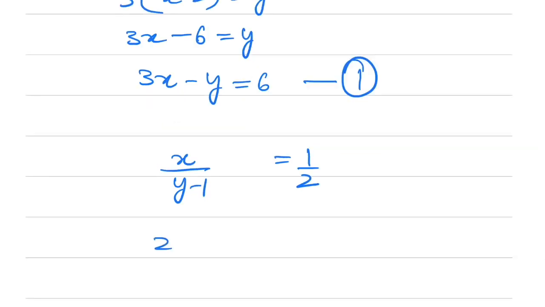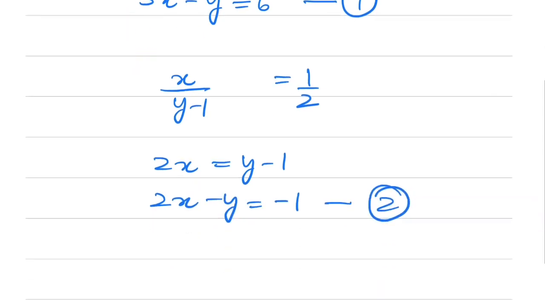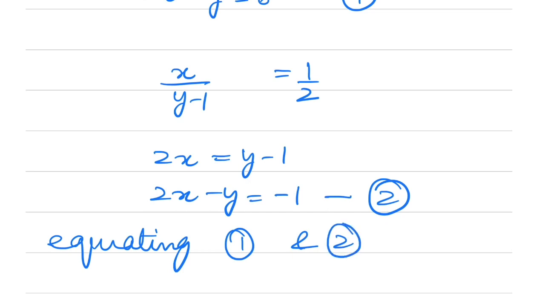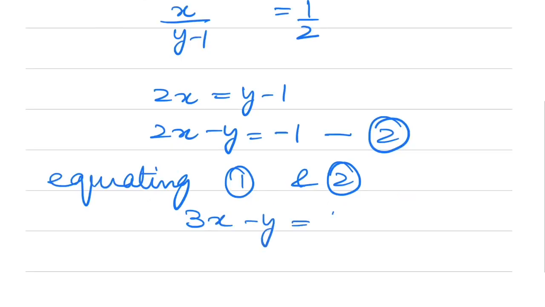Now cross multiplying, 2x is equal to y minus 1, 2x minus y is equal to minus 1. This is the second equation. Now equating 1 and 2, 3x minus y is equal to 6 and 2x minus y is equal to minus 1.